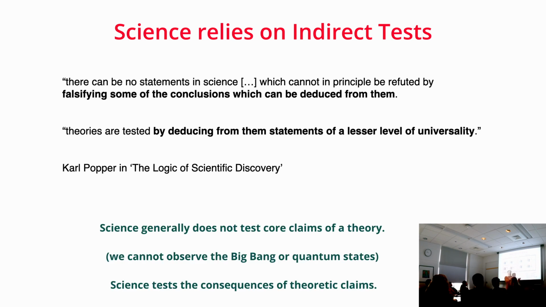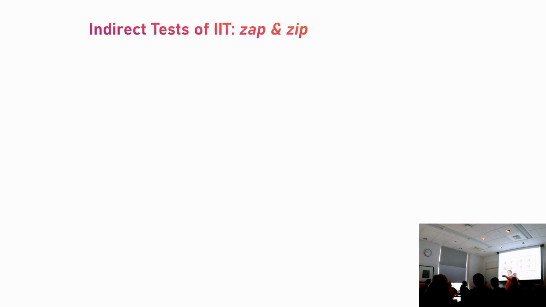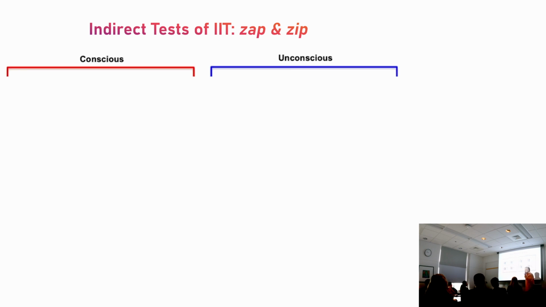Measure the activity of the brain with EEG, just put some EEG electrodes on it to see the voltages, and then take a TMS, a transcranial magnetic pulse, activate a part of the brain with a focal EMF pulse, and then see how it spreads. If the person is conscious, it should spread differently than if the person is unconscious.